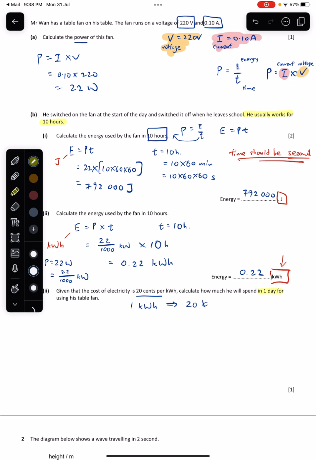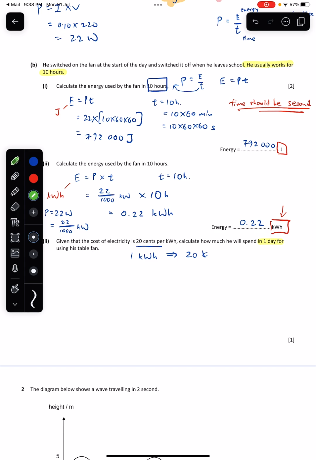So in one day, I work 10 hours, meaning my fan also switch on for 10 hours. So you already calculated already, isn't it? So if 1 kilowatt is 20 cents, but I only use 0.22 kilowatt hour. So how many cents? So it's 20 times 0.22. You get 4.4 cents.